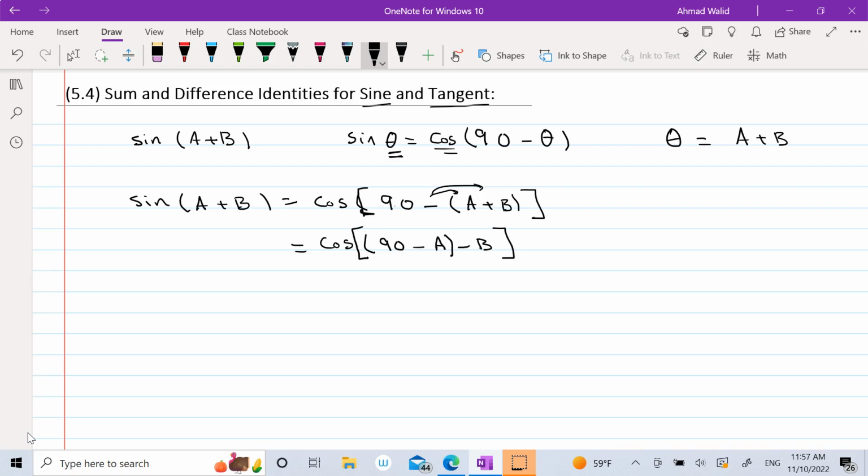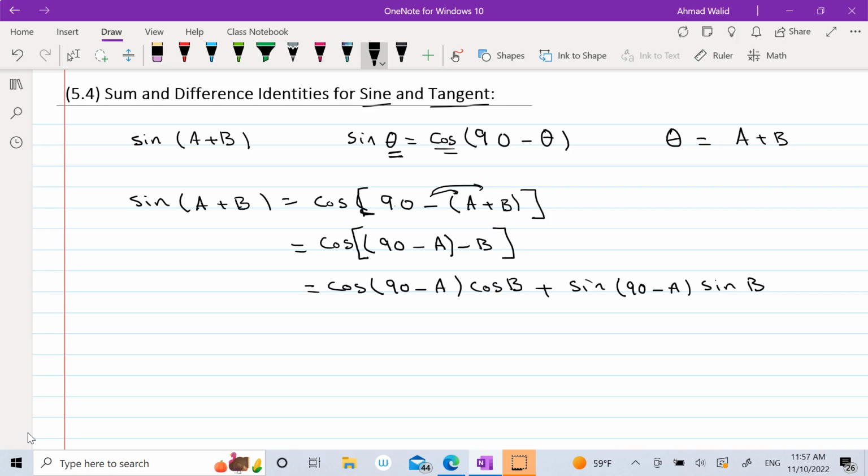Then you can write this equals cosine of 90 minus a, cosine of b, plus sine of 90 minus a, sine of b.